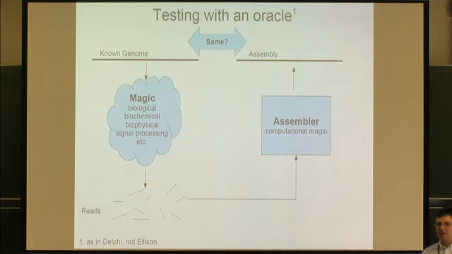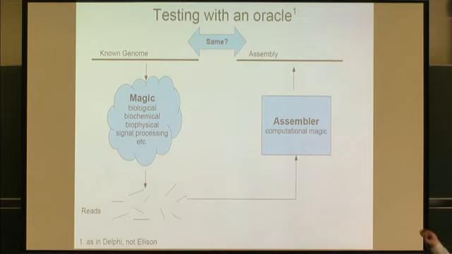So how do you do testing? You can actually go back to the software engineering literature, and I'm working with a colleague, Atif Memon, who's a software engineer, and he works on model-based testing, for example. The typical approach that people use when they do validation of assemblies, like in Assemblathon or the GAGE competition, essentially you're saying, I have an oracle, I know what the truth is.